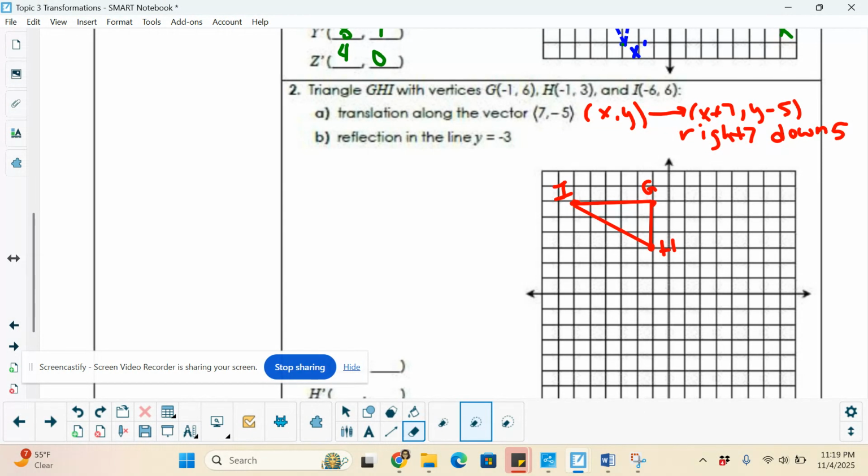Oh no, I didn't count down. 1, 2, 3, 4, 5, 6, 7. 1, 2, 3, 4, 5. All right, right there. That's going to be my G prime for now.